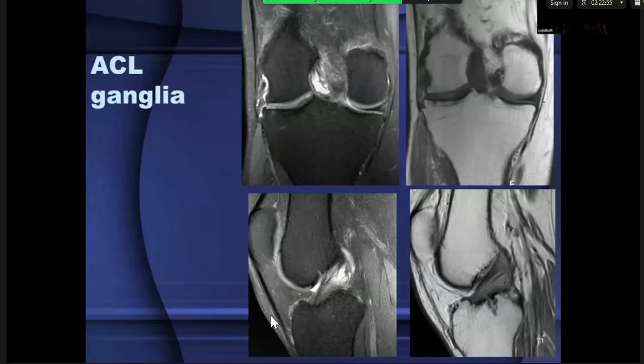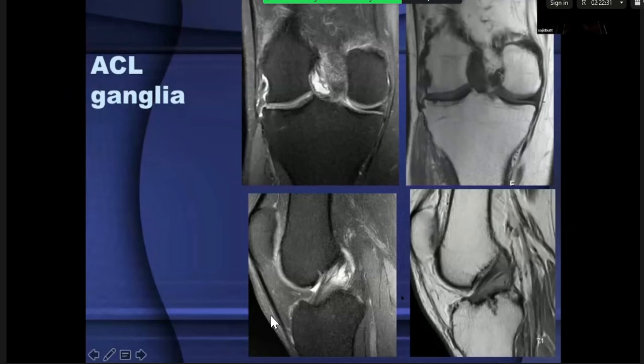ACL tears should not be confused with ganglion cysts within the ACL, which you can see even in younger patients. This finding has been described as a celery stick ACL. It looks a bit like a celery stick, and we can see it in the fat suppressed sequences looking like that. A ganglion is essentially myxomatous degeneration of connective tissue.